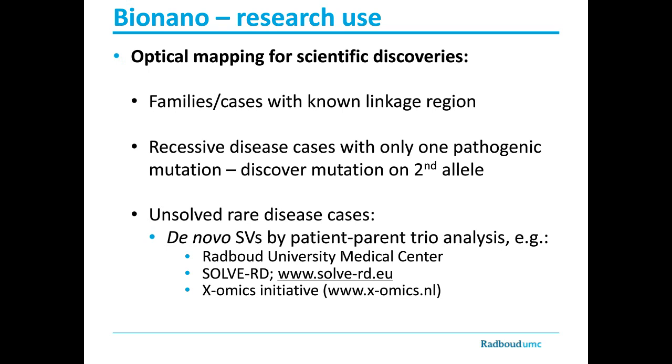So far, we've identified a pathogenic mutation on one of the alleles, but the second mutation remains undiscovered, and we think Bionano may discover those. And then we've also launched some other research projects for samples collected by our own clinicians and researchers, but we're also involved in larger consortia like the Solve4D consortium and the Chromosomics initiatives, and we're looking whether optical mapping is also a valuable tool in these consortia.